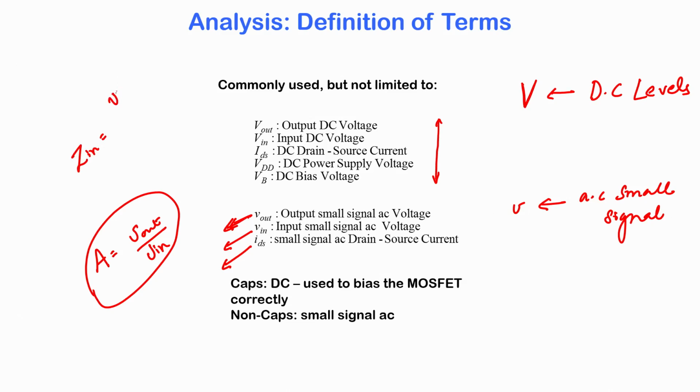It is the small signal input voltage fluctuation divided by the small signal input current into the circuit. And what is the output impedance of the circuit? It is the output voltage divided by the total current that is coming out at the output. We will look at certain techniques to work out all this.